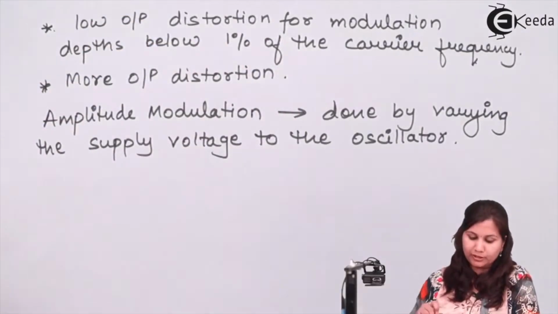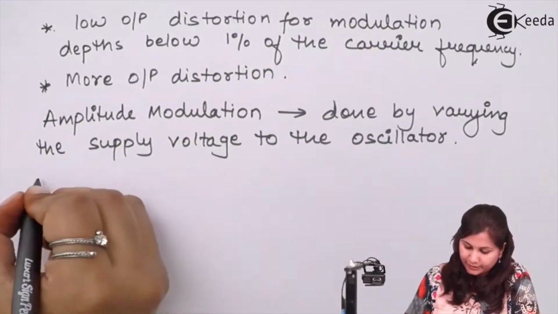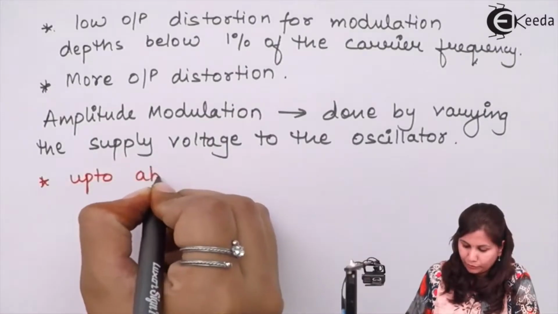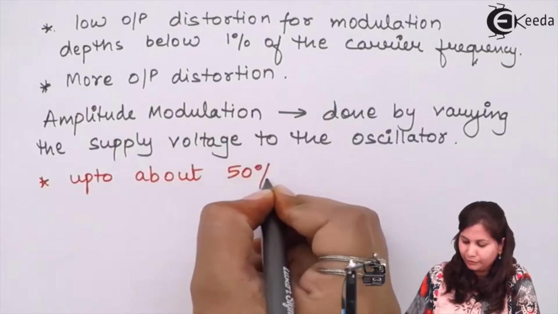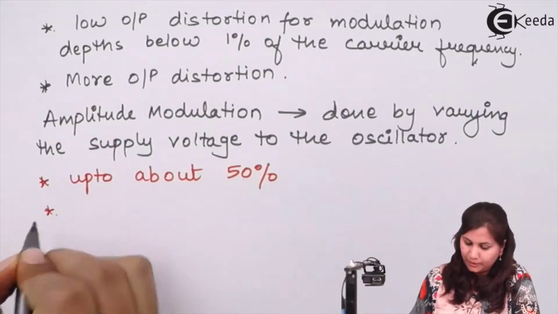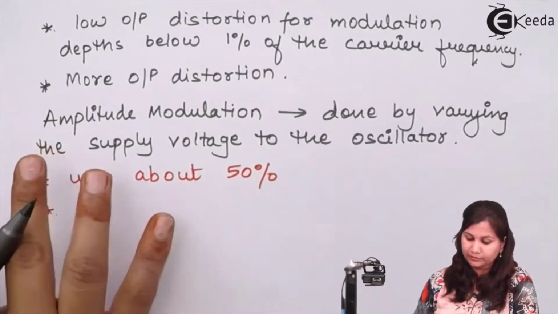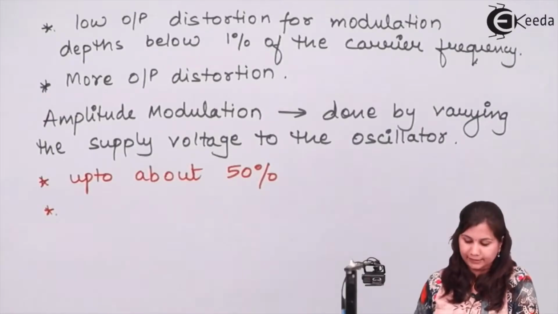Amplitude modulation also affects the output, and it can be done only up to about 50%, because amplitude modulation not only produces distortion in the output, but also gives phase modulation in the signal.